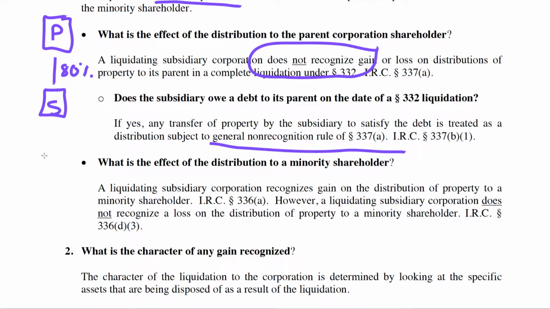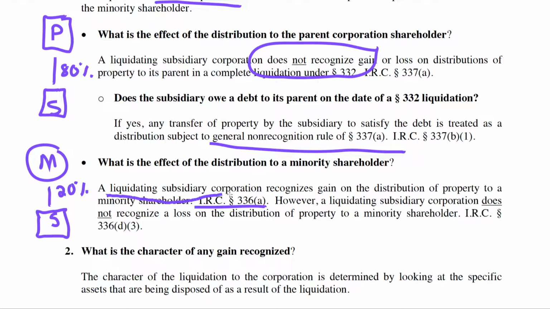What about the minority shareholder to the subsidiary where we have the 20%? With respect to that transaction, the subsidiary must recognize the gain or loss under Section 336. So the liquidating subsidiary recognizes gain or loss with respect to this part.